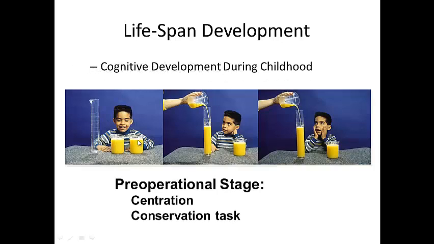During a conservation task, a child is first exposed to two containers that are identical and asked to determine, by pouring juice in one container and taking it off in the other, at which point these two containers will have the same amount of juice. Right? At some point the child is going to say, yes, these two containers are the same.